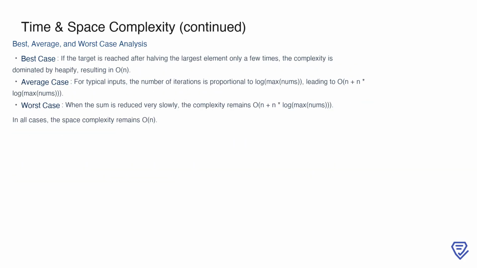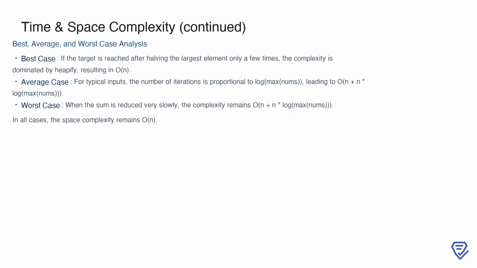Finally, let's break down the best, average, and worst-case scenarios for this solution. In the best case, the target is achieved after only a few halving operations. Here, the time complexity is dominated by the heapify step, which takes n. In the average case, for typical inputs, the number of iterations required is proportional to log max nums.